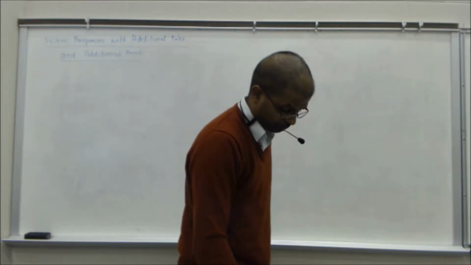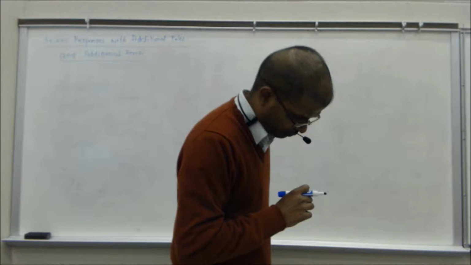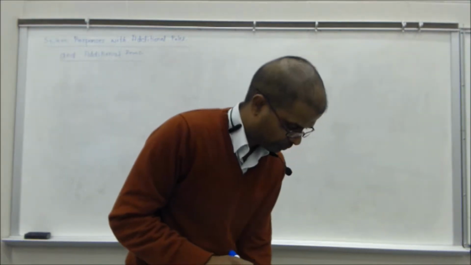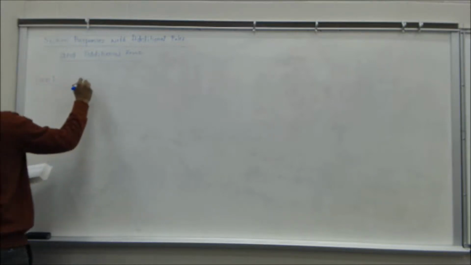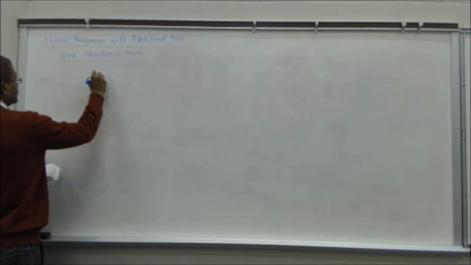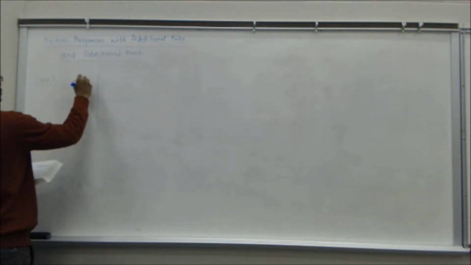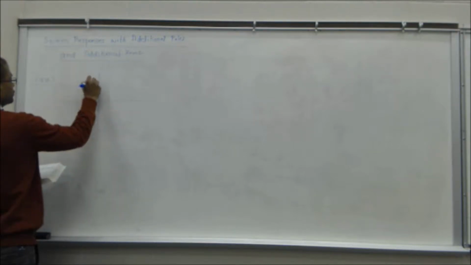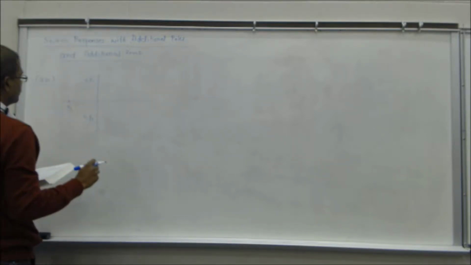So for example, consider this. Case 1, you have two poles here, 1, 2, P1, P2, and P3.